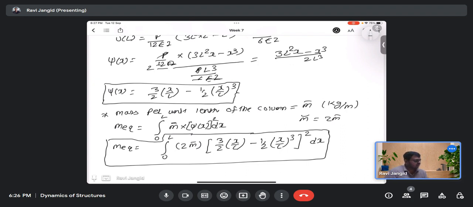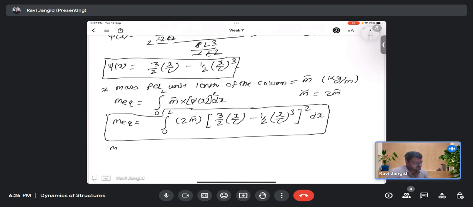Can you tell me, did you get the final answer? It is coming out to be m equivalent as 0.9714 m bar L. It is coming like that.